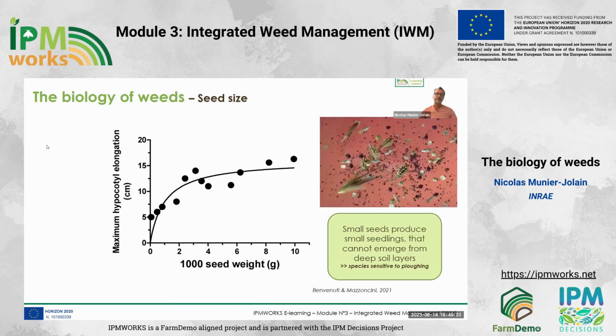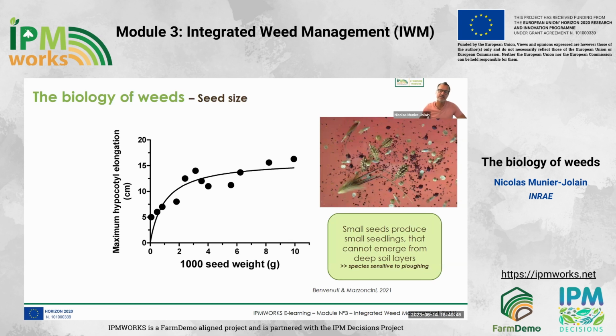The next trait of weed biology is the seed size. It's interesting to consider because the seed size might be related to the ability of weed seeds to germinate and produce a seedling from a deep soil layer.